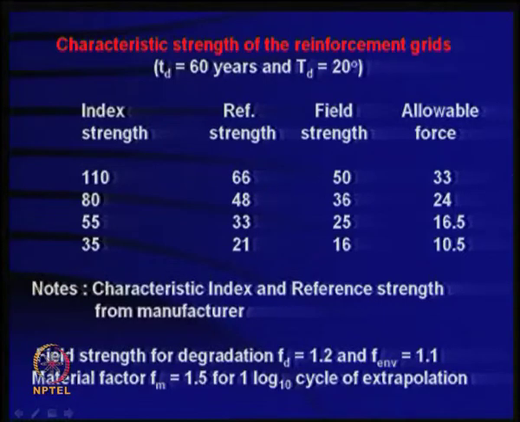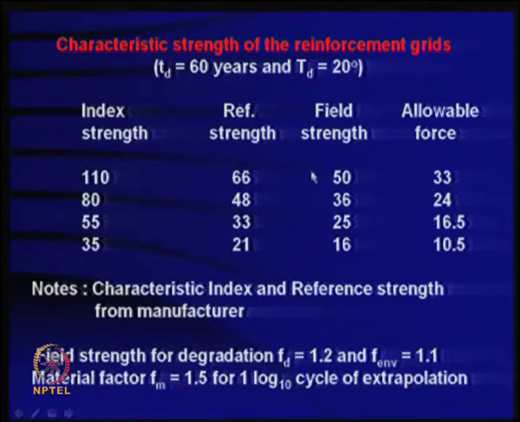Finally, you need to apply the partial factors, such as the damage factor 1.2, 1.1, and 1.5 for one log cycle of extrapolation. Once you do that, it comes to 66, then if you correct it for damage and other factors, 50, and finally it comes to 33.